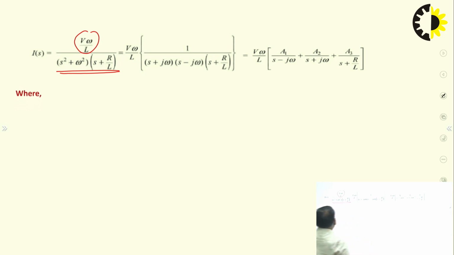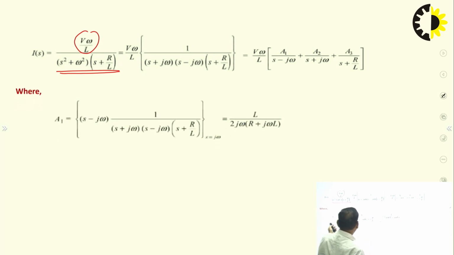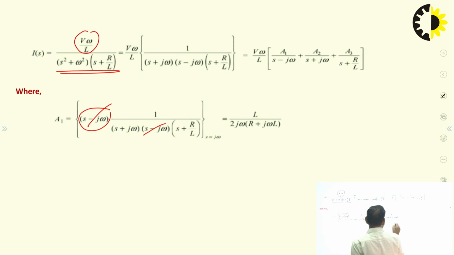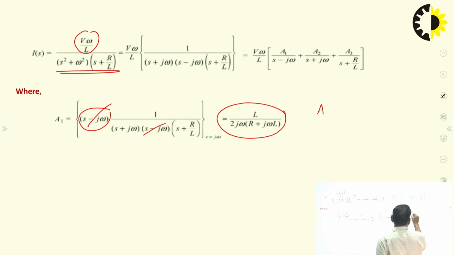Where A1 is s minus j omega into this whole F(s). This and this cancel out, and put s equal to j omega. So we get this. This is A1, and A2 is A1 conjugate.